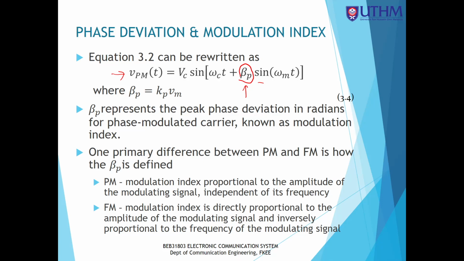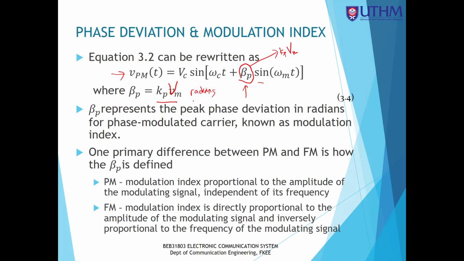Therefore beta P is equal to kpVm. This is supposed to be a capital V, because this is the peak amplitude of the message. And this modulation index for phase modulation has a unit, which is in radians.